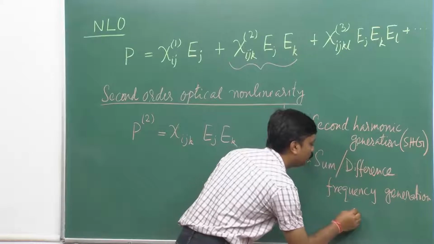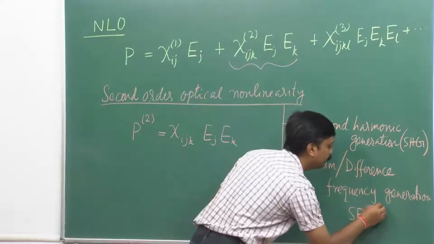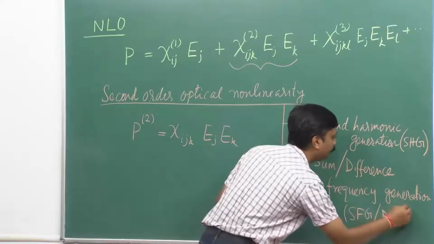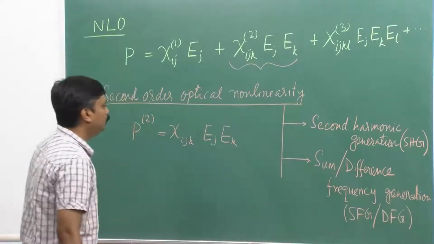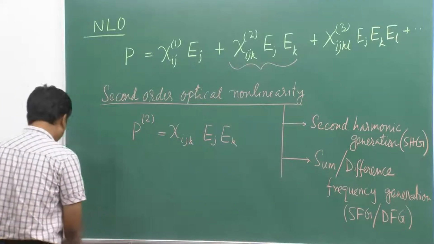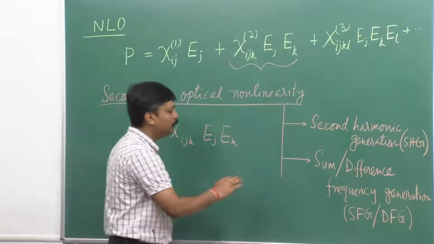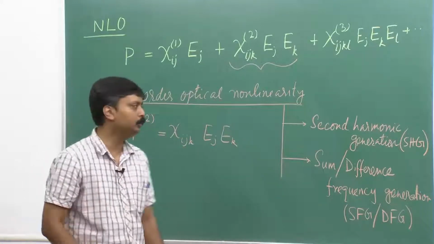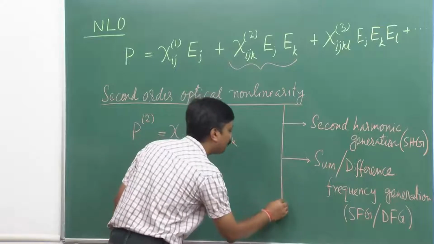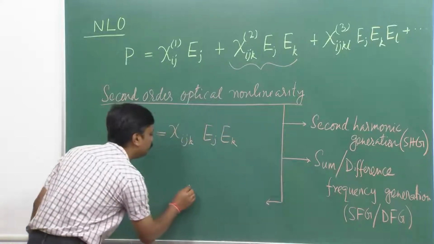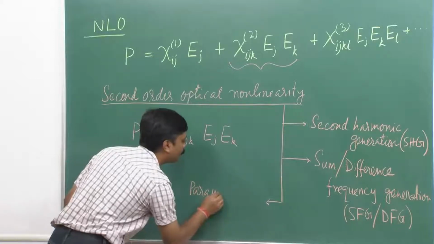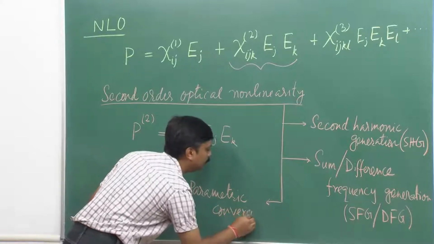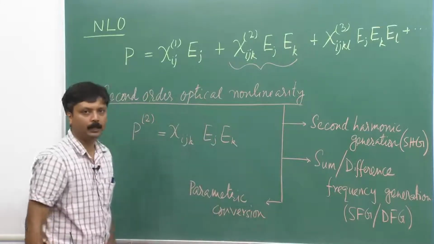In short, sum frequency generation is called SFG, and difference frequency generation is known as DFG. Apart from these two most important processes, there is another process which is known as parametric conversion, essentially optical parametric conversion.